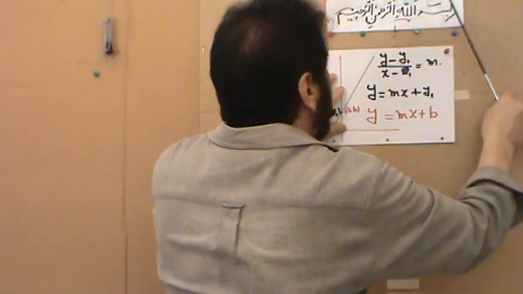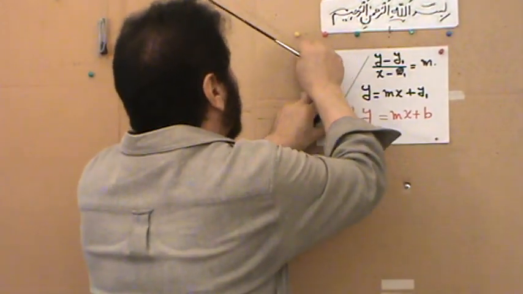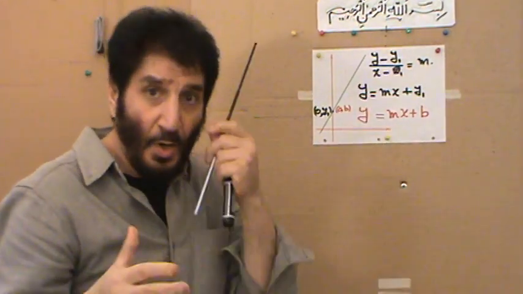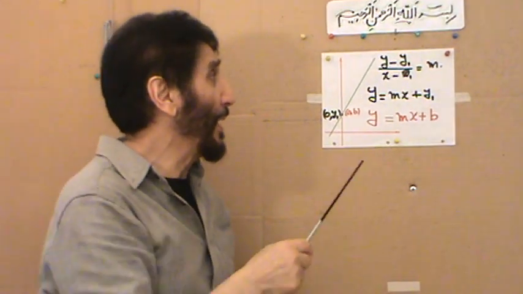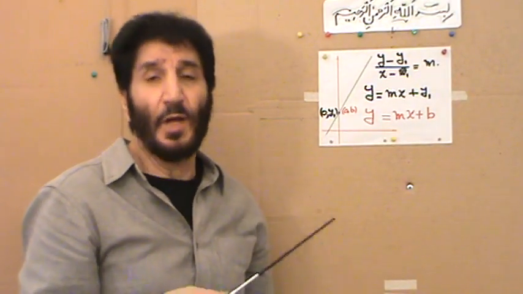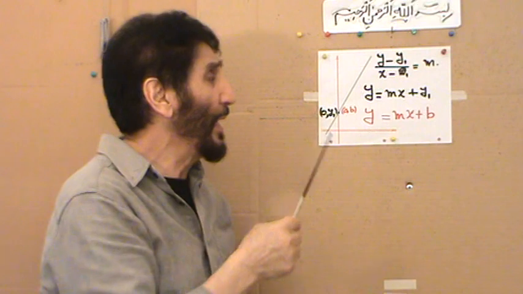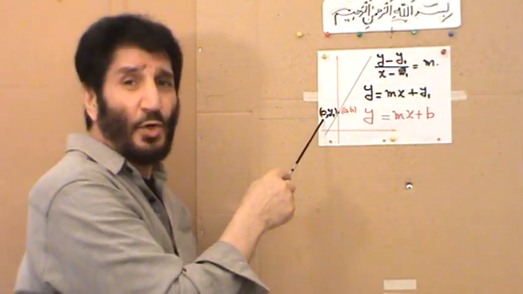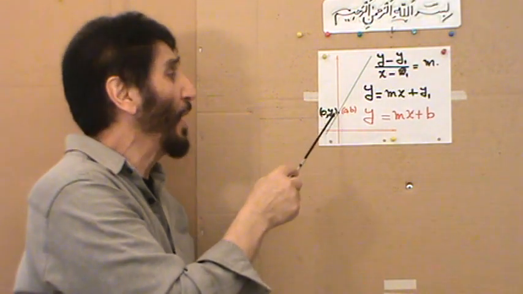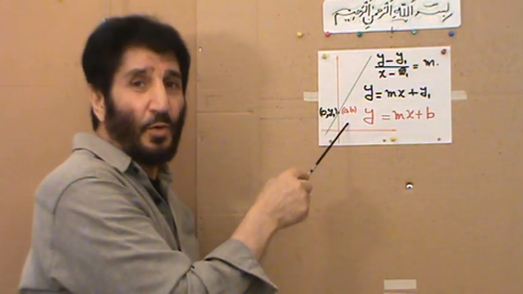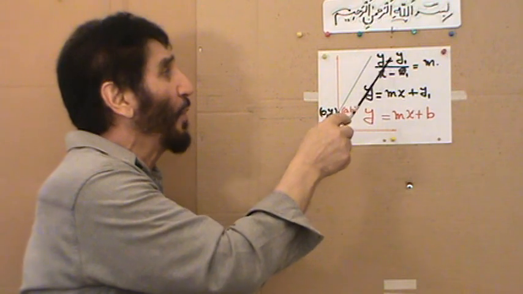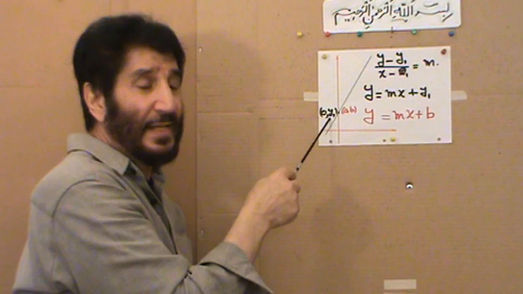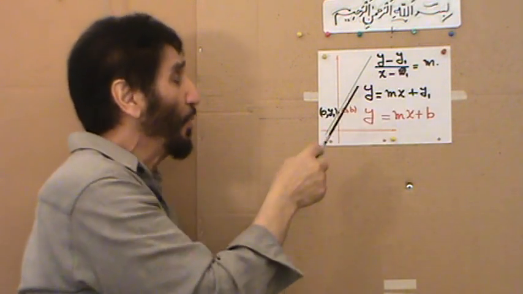Hopefully it is large enough so that you can see it, but you can always zoom in on your computer to make it larger if you would like to take notes. Here, for the point that I selected, instead of saying 0, y1, I called it 0, comma b, and here it is: y minus y1 over x minus 0, because the x-coordinate of that point is 0, is equal to the slope of the line.